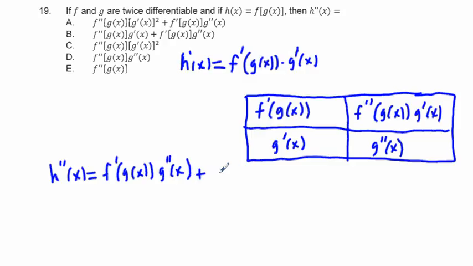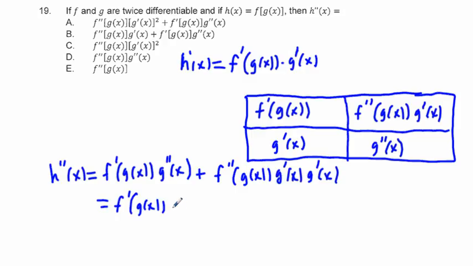plus f double prime of g of x, g prime of x times g prime of x, which is going to simplify to f prime of g of x, g double prime of x, plus f double prime of g of x and g prime of x.